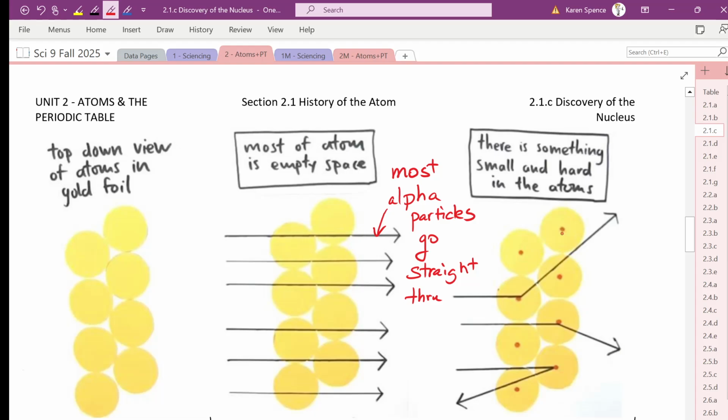However, we have something very small and very hard inside the atoms, and when an alpha particle hits them, they veer off to the side or they bounce back.